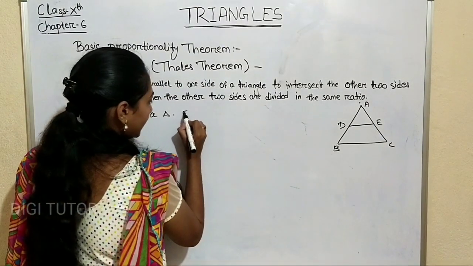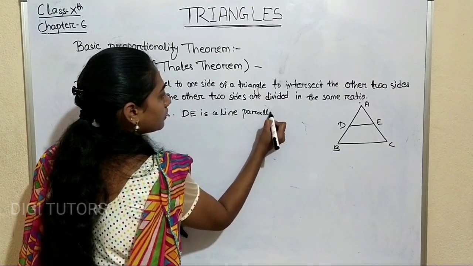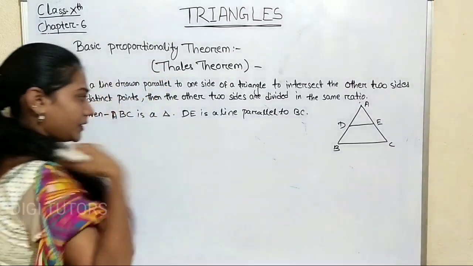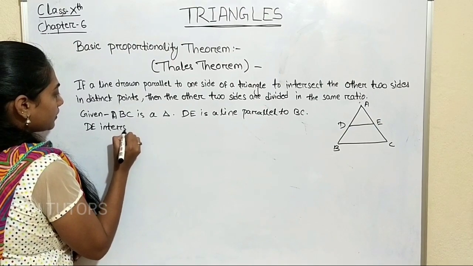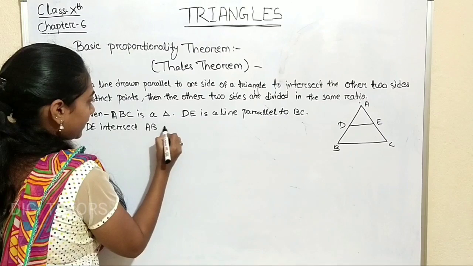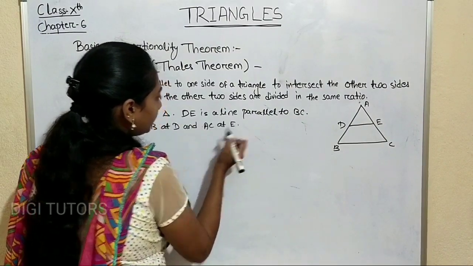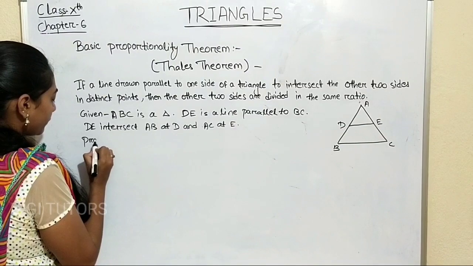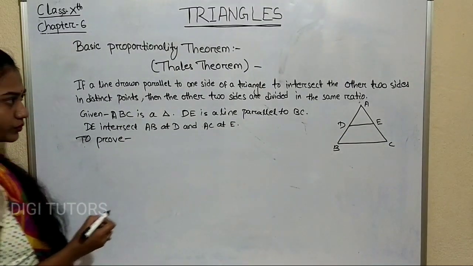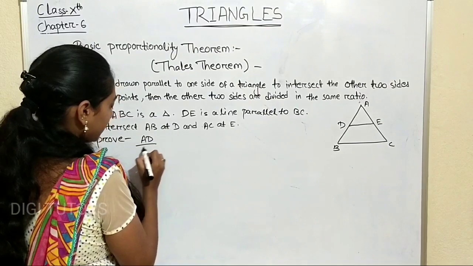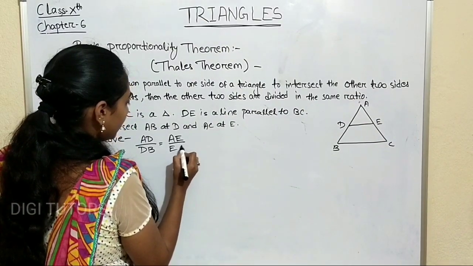Then DE is a line parallel to BC, which intersects AB at D and AC at E. So what we have to prove here is their ratio, that means AD by DB is equal to AE by EC.